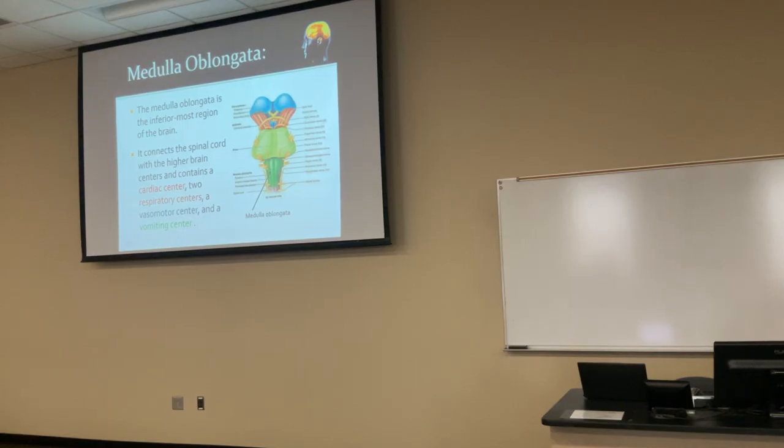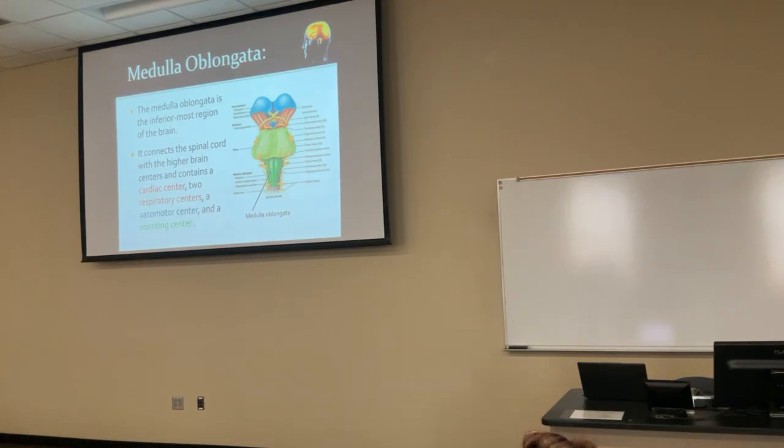There's a respiratory center that sends out the signals that produce the basic pattern of breathing, the inspiratory stage followed by the expiratory stage. And then there's also a vasomotor center, which is very closely tied to the cardiac center.